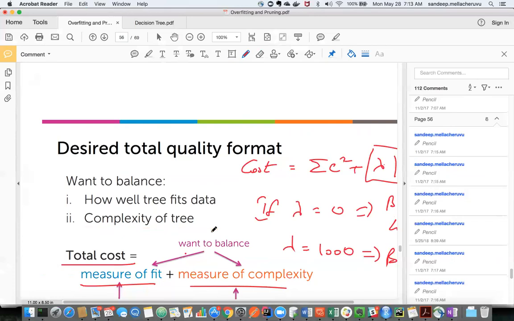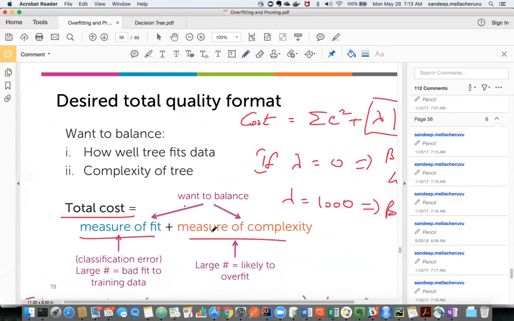So that's why we are defining some measure of fit. Measure of fit means classification error. And we want to also balance this with the complexity of the model. For example, number of leaf nodes or depth of the tree, some measure of complexity you have to use, plus the classification error you have to add.